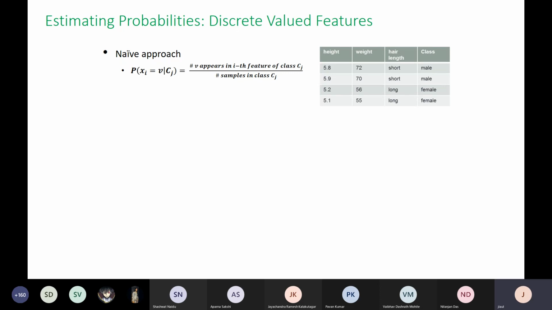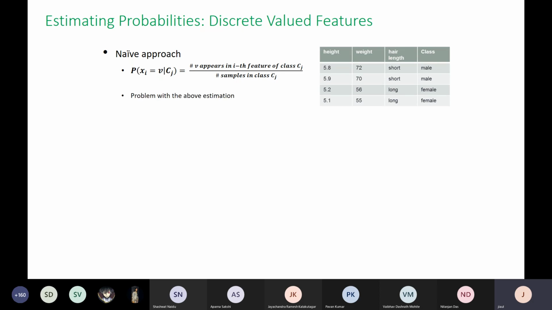If you apply the simple probability rule, in the numerator you have the number of times v appears in the ith feature of class Cj. For every class, you have the numbers. So you simply go to class Cj and see how many times the value v is appearing, divided by the total number of samples in that particular class. Just the plain maximum likelihood estimation that we apply in this case.